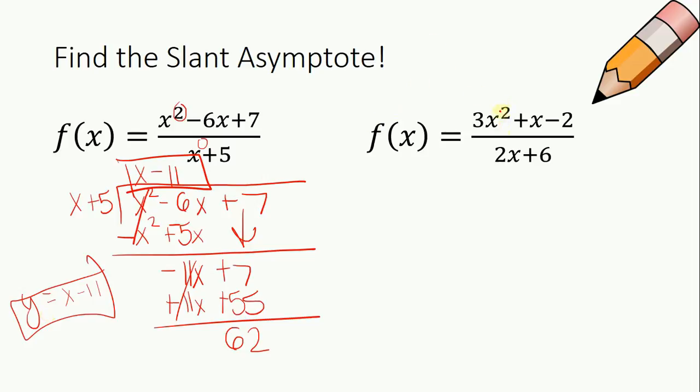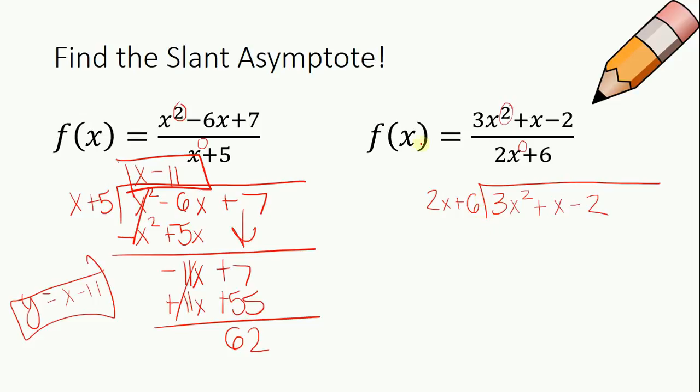Let's try this one. Notice, the degree of the numerator is 1 more than the degree of the denominator. So let's go ahead and set up our division. So something times 2x has to give me 3x squared. Now you're probably saying, I have no idea what that would be.